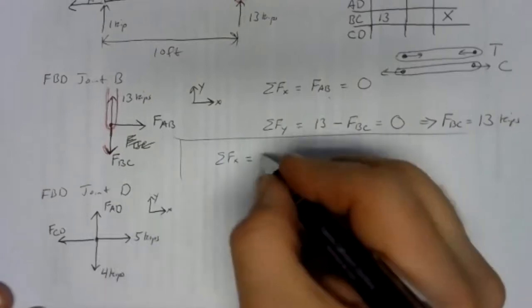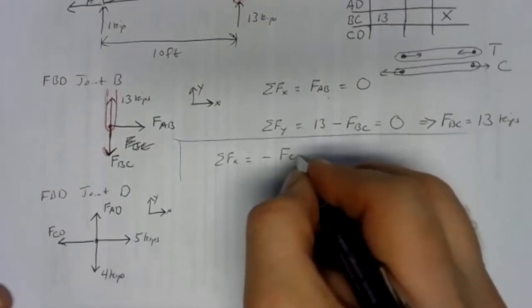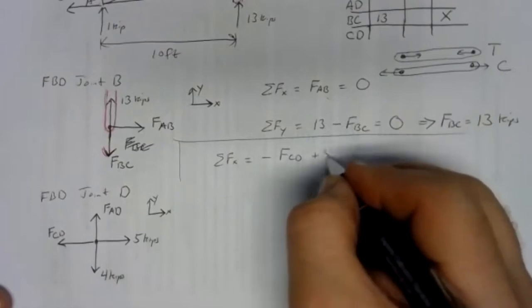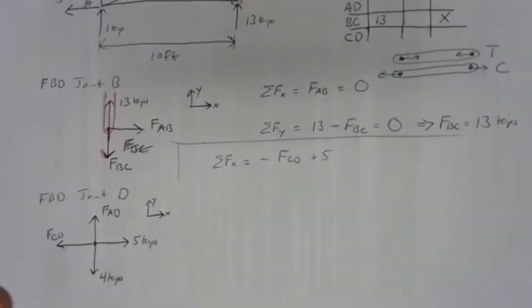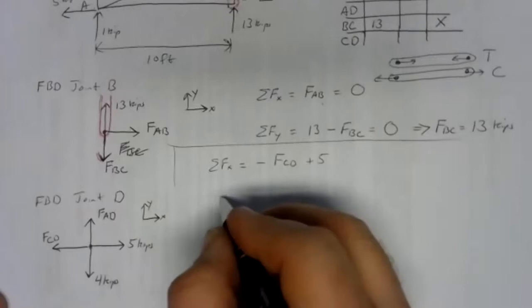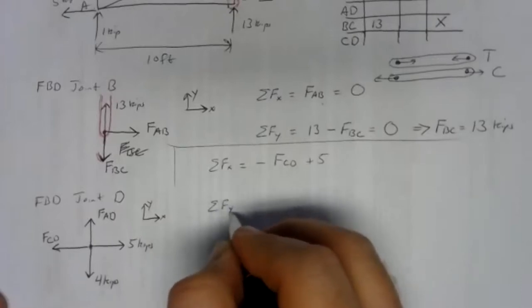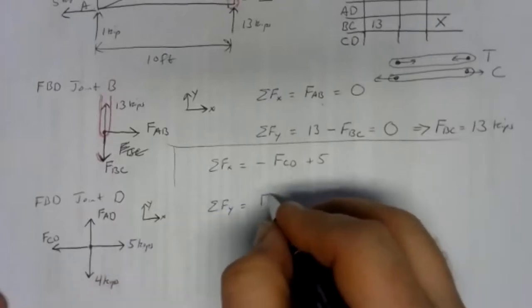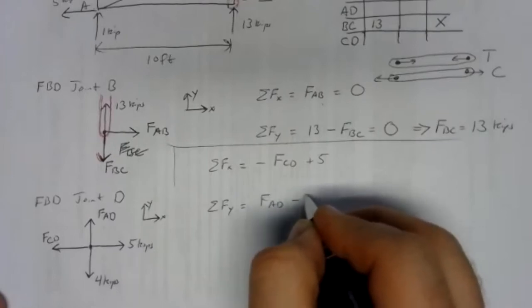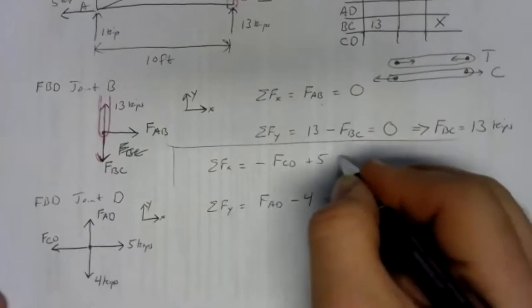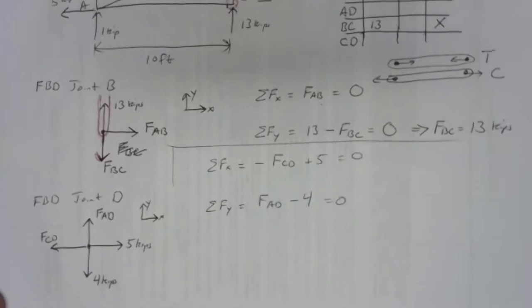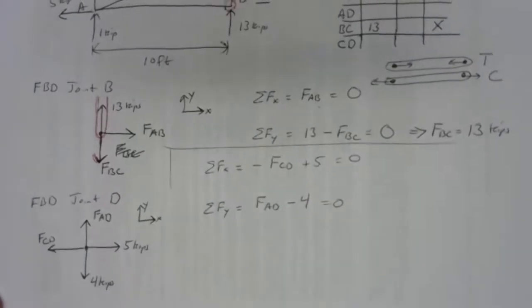Well, we've got a negative FCD and a positive 5 kips. And we've got our sum of forces in the Y direction. We've got a positive FAD and a negative 4 kips. We're in equilibrium, so both of those sums have to equal 0.